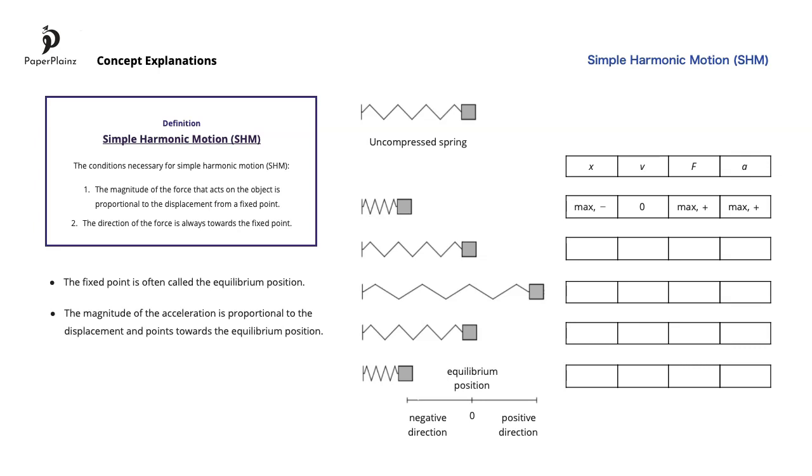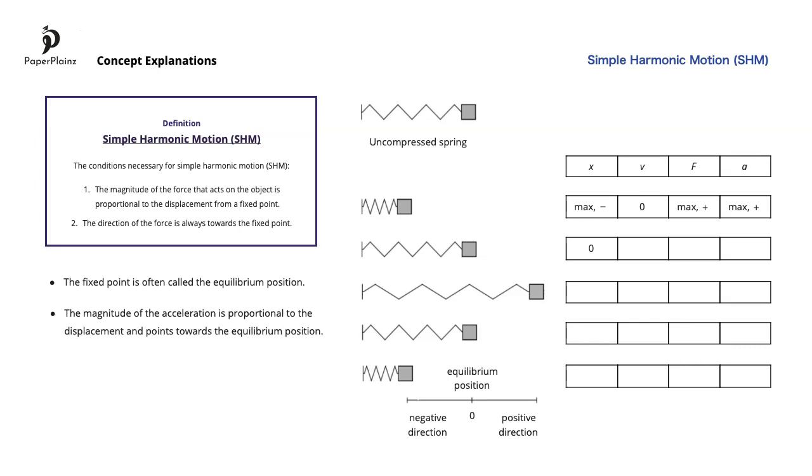At the equilibrium position, displacement is 0. For the velocity, picture the motion of the object from the first, so the most compressed, to the third, so the most stretched position. At the most compressed position, as we said, the object is at rest, so velocity is 0. And as the object moves to the right, it starts to speed up.